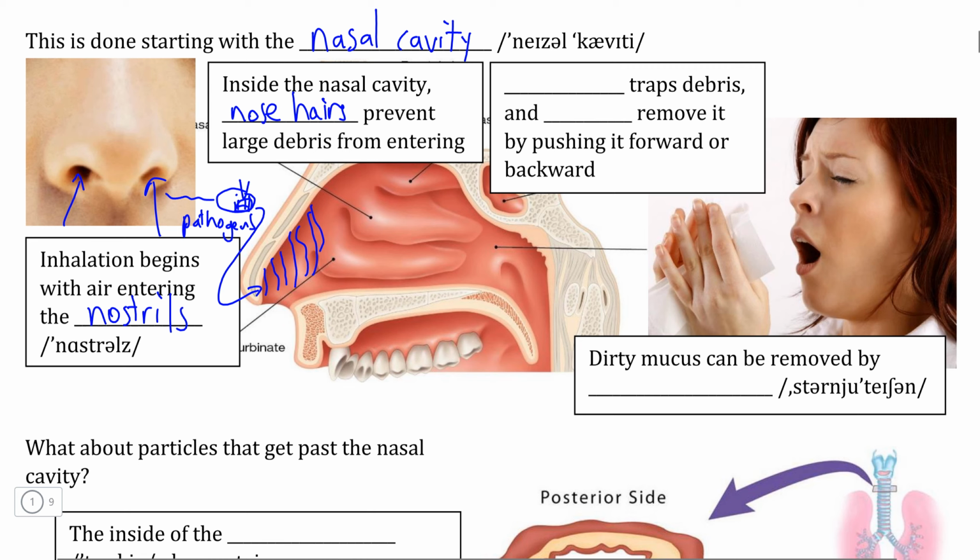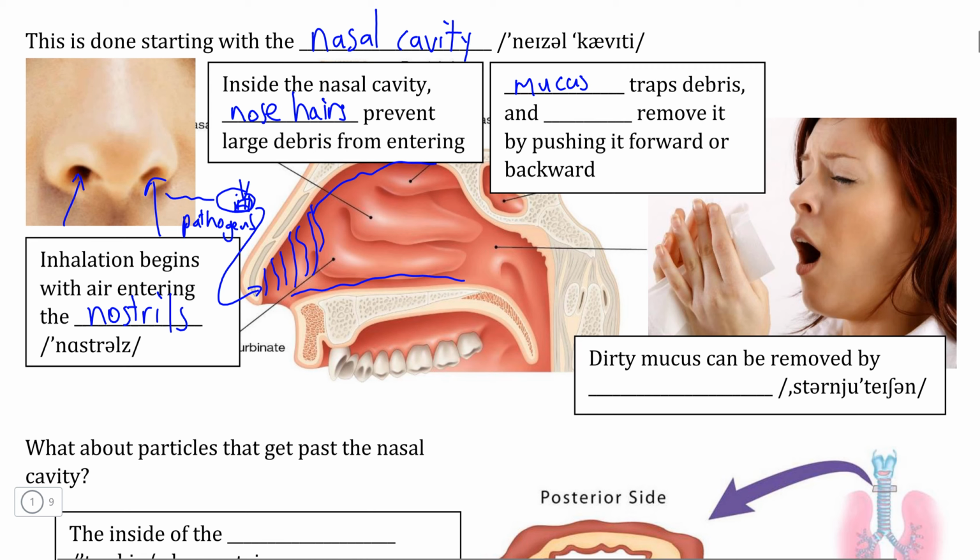Now, in the event where particles can actually get past the nose hairs, the inside of your nasal cavity also has a layer of mucus on the skin inside like this. And again, you can actually feel this mucus if you take your favorite finger and stick it up your favorite nostril. Most people will find that the inside of their nasal cavity is quite sticky.